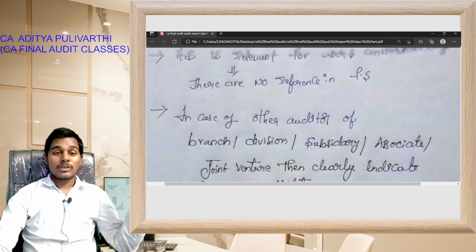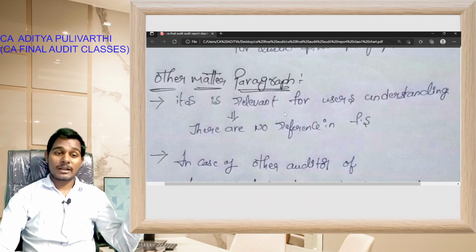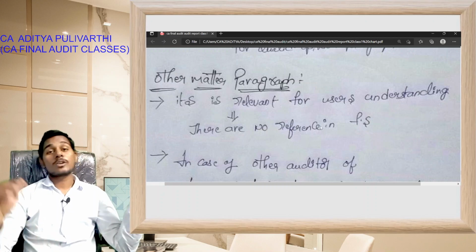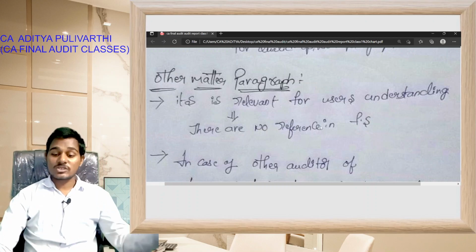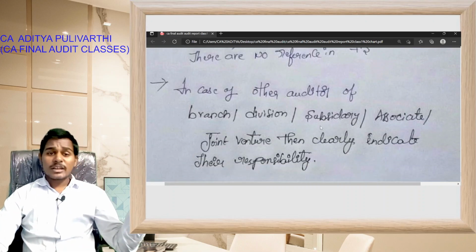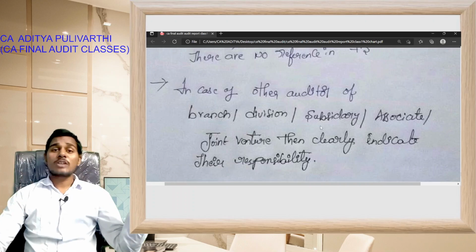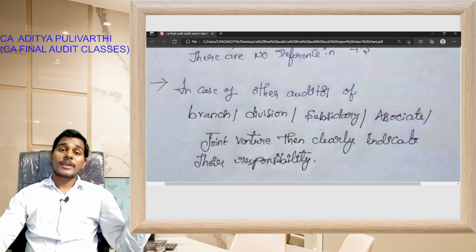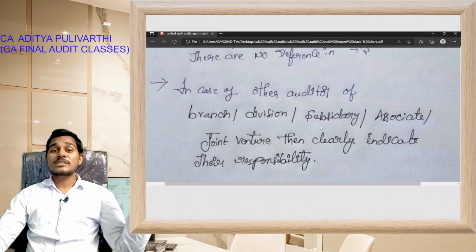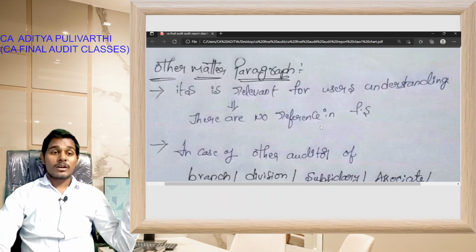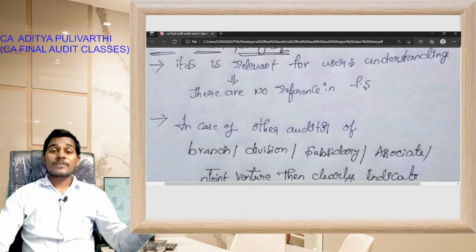That is why we should provide it in the other matter paragraph. It is relevant for users' understanding of the financial statements and no reference is provided in the financial statements. In the case where the principal auditor is not the auditor of the subsidiary, division, associate, joint venture, then to indicate the division of responsibility the auditor will put an other matter paragraph and specify the division of responsibility.